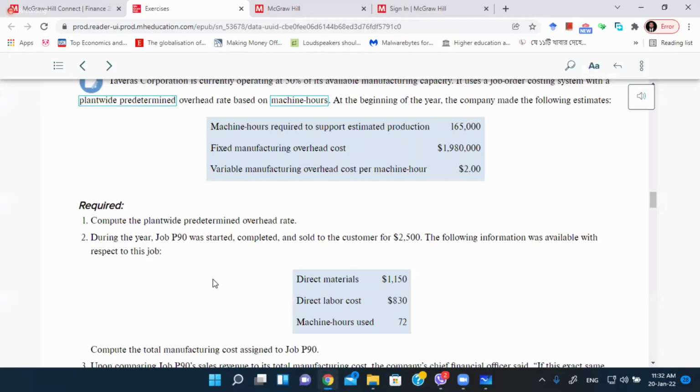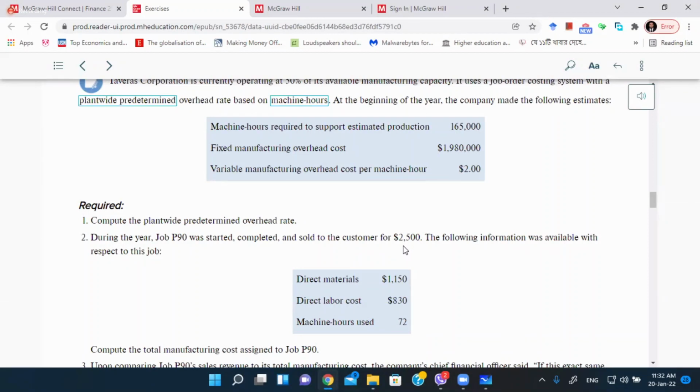During the year, job P90 is a particular job which has been identified, was started, completed, and sold to the customer for 2,500. So we are doing the calculation after having the job delivered to the customer.